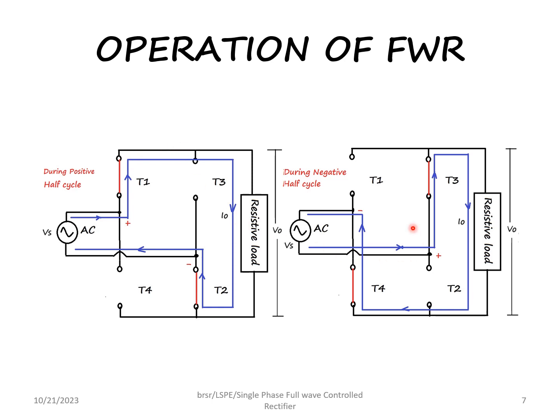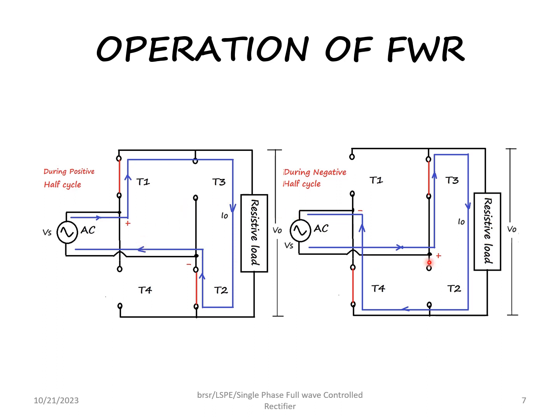During negative half cycle, this junction becomes negative, this junction becomes positive as already mentioned, because T3 and T4 are forward biased. If at this time the gate pulse is given for T3 and T4, the current flow will be from the supply through the point plus, through T3, through the resistive load, through T4 back to the supply. The current always flows from plus to minus.